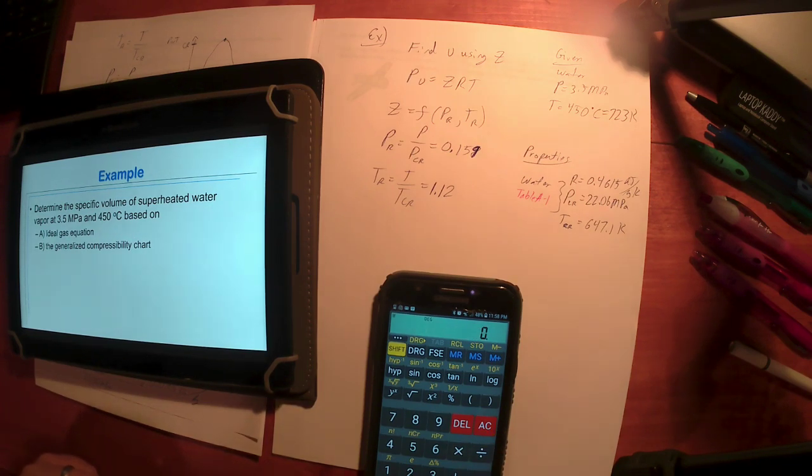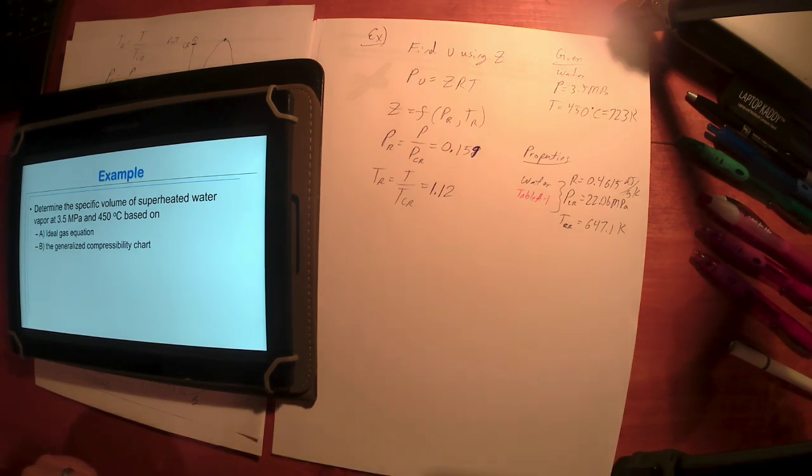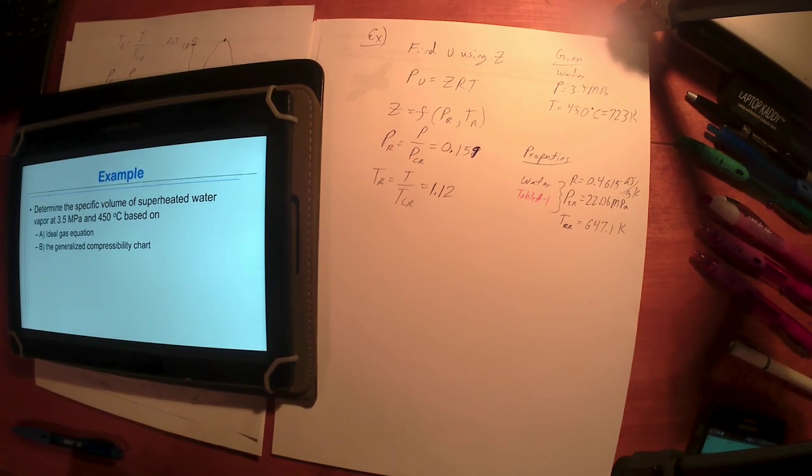Okay. And then I'll use those in conjunction with the diagram, which is in chapter 3 of your text. So you go to chapter 3 of your text, and you're looking for this diagram with all the squares and circles and triangles on, and all these curves connecting all these dots.